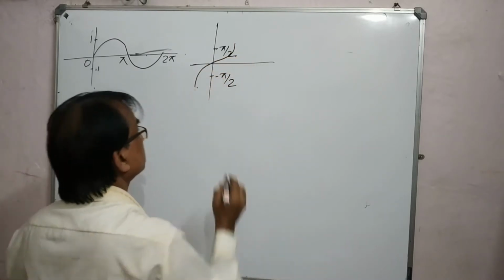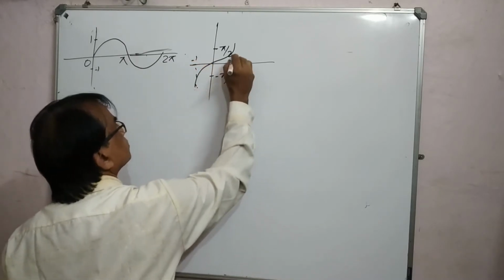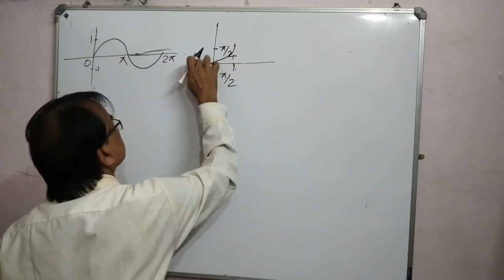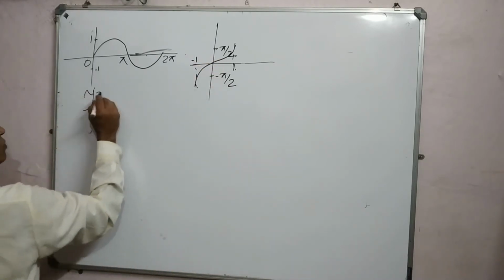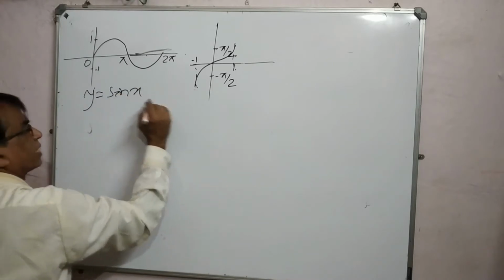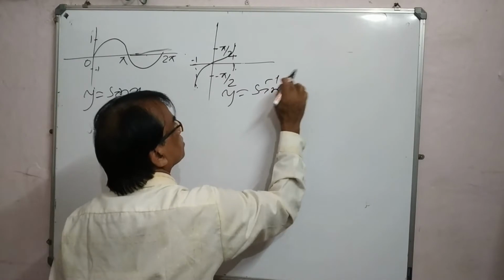I have interchanged, and this is +1 and this is -1. I have interchanged the x-axis and y-axis. This is the graph of y is equal to sin x, and this is the graph of y is equal to sin inverse x.